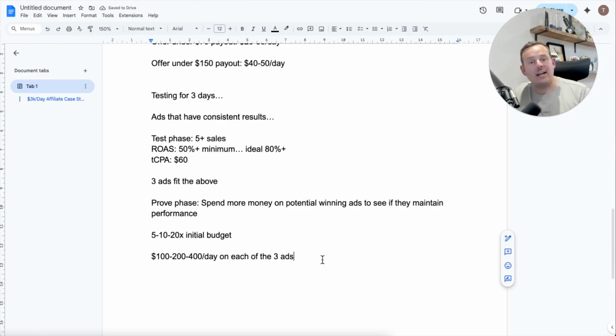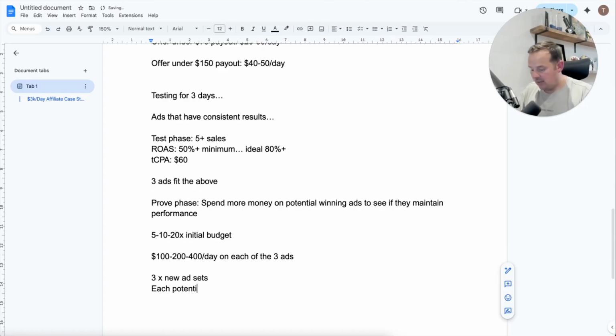So what I do is I duplicate into a new ad set. I'd use the existing post ID of that potential winning ad. So in this scenario, we would have 3 new ad sets, each potential winning ad in its own ad set.